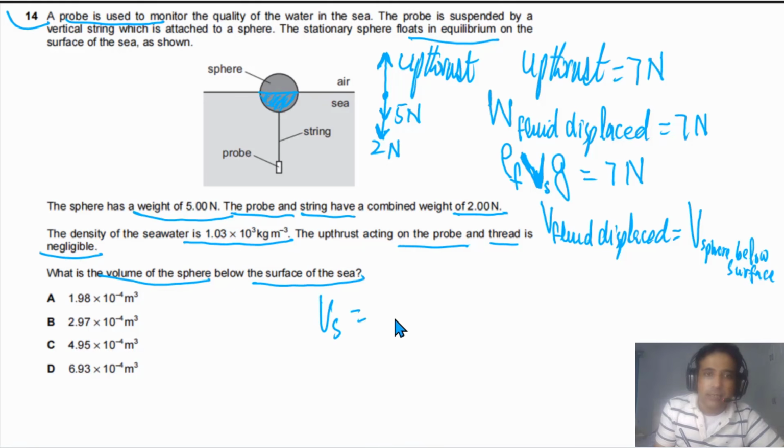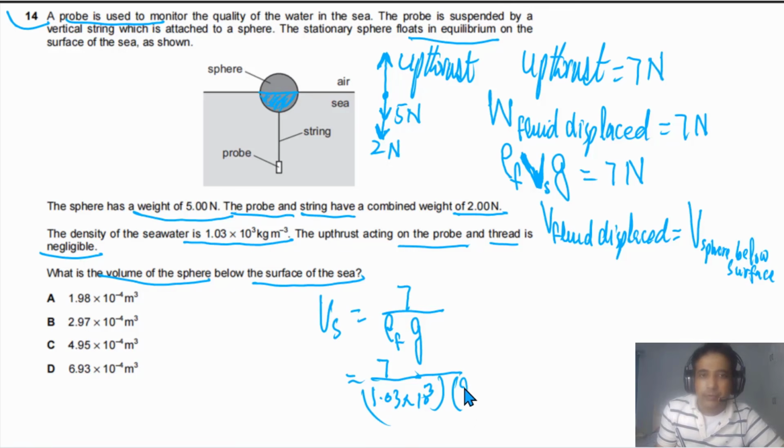So Vs in this case simply will be equal to 7 divided by the density of the seawater times g. So we have the value of density of seawater, that is 1.03 times 10 to the 3, multiplied by the value of g, that is equal to 9.81.